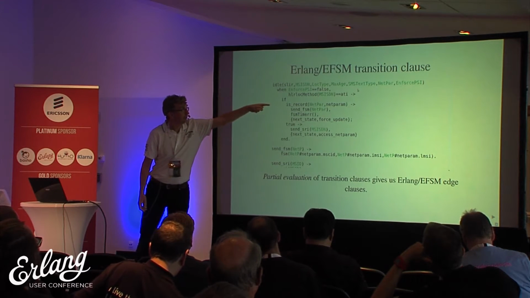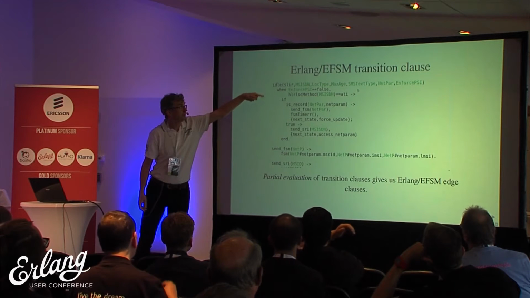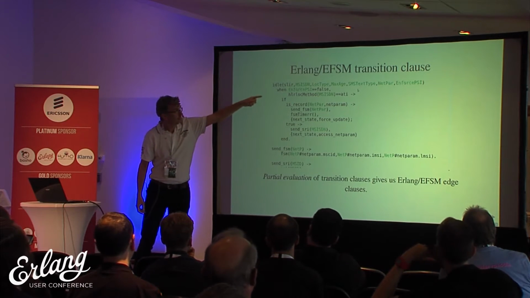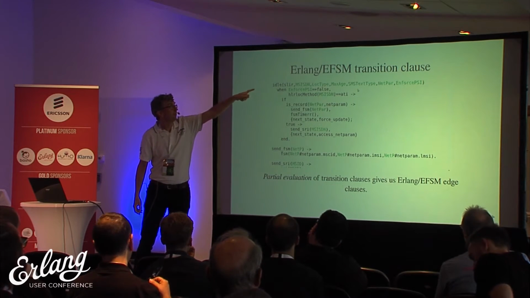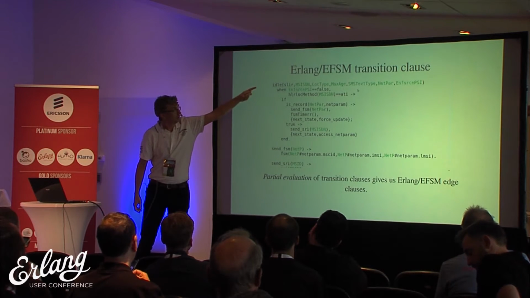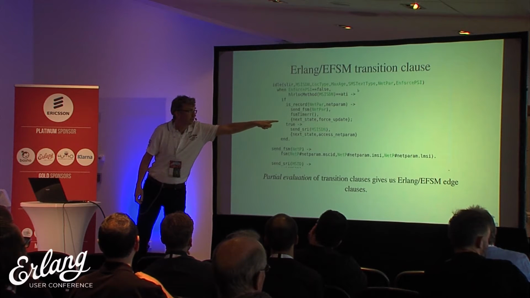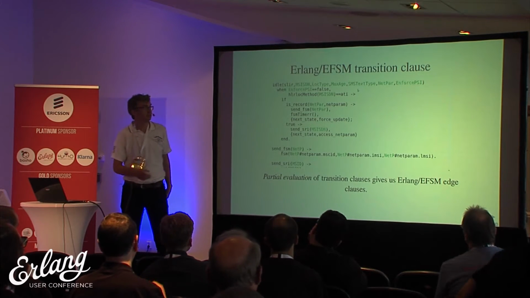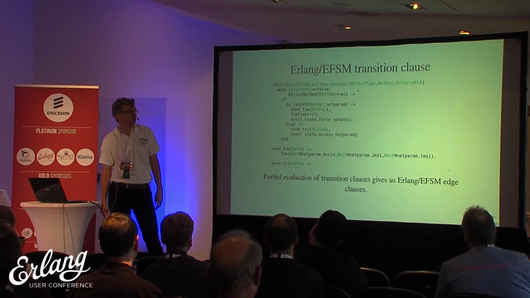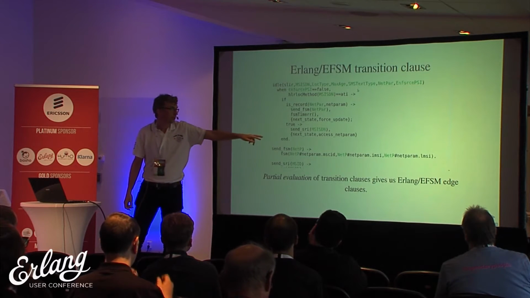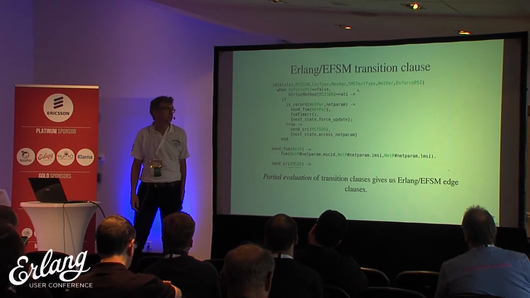Given that this record is true, given that this guard here of course is true, and I get this match in the first line here, I can either end up in this next state force update, meaning that I go to a new location force update, or I end up in this access next state access net param.